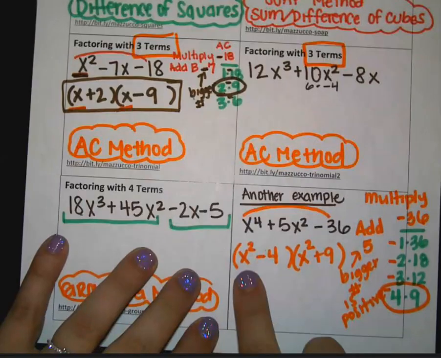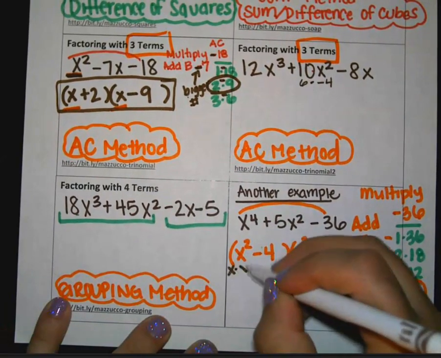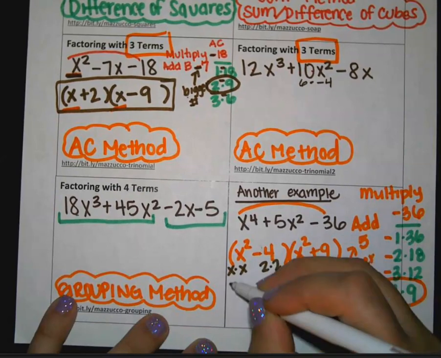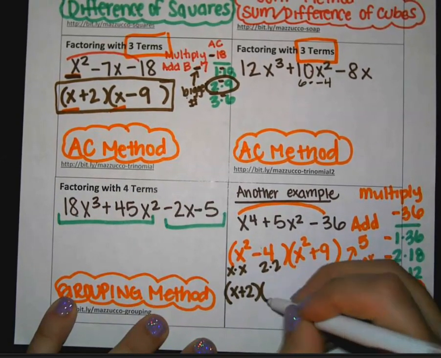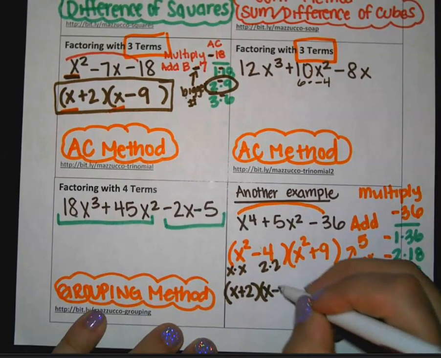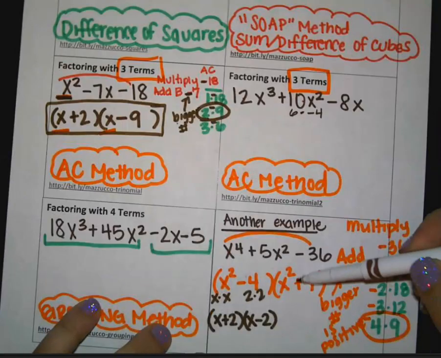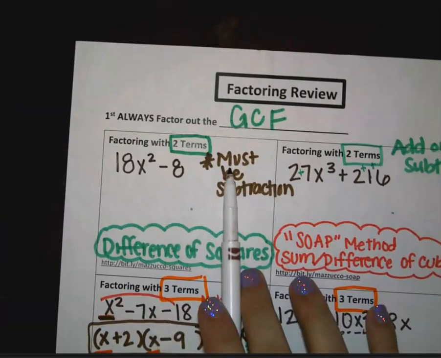So when I look at this problem here, I know that x times x is x squared, and I know that 2 times 2 is 4. So this can be factored further as x plus 2 and x minus 2. That's called a difference of two squares. Now this one right here has a plus sign. So when it has a plus sign, can't do this.